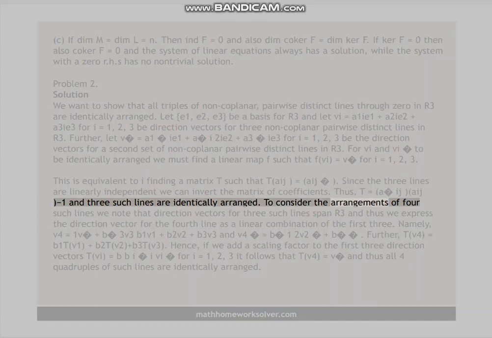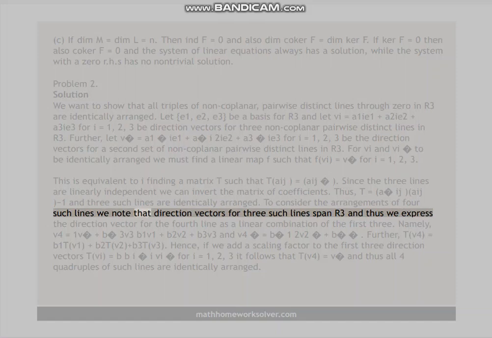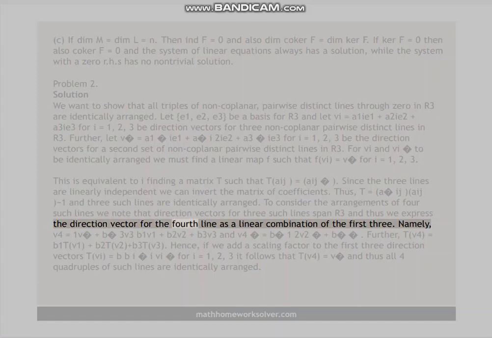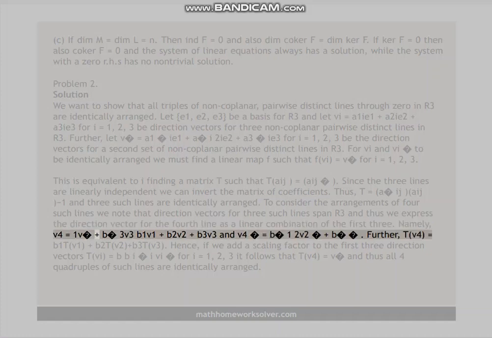To consider the arrangements of 4 such lines, we note that direction vectors for 3 such lines span R3, and thus we express the direction vector for the fourth line as a linear combination of the first 3. Namely, v4 equals b1 v1 plus b2 v2 plus b3 v3.